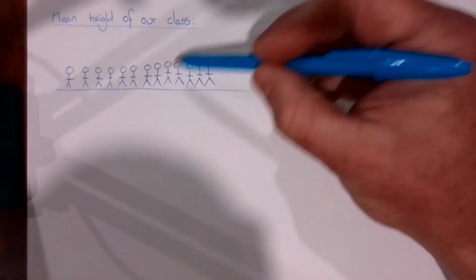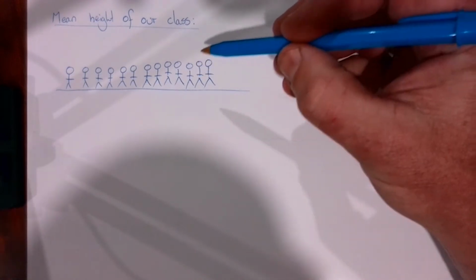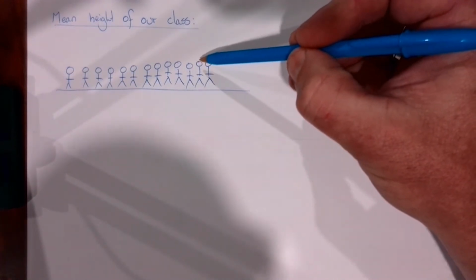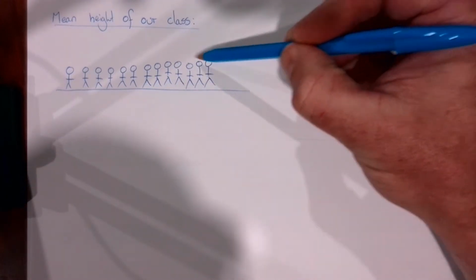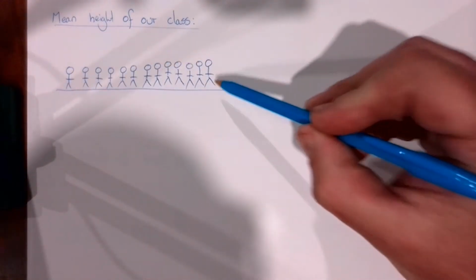Okay, so let's assume that we took the average height of our class and you include me in the height. Now, some of you guys are pretty tall. In fact, some of you are taller than me. So I'm probably represented up here if we arranged ourselves from our shortest student through to our tallest.